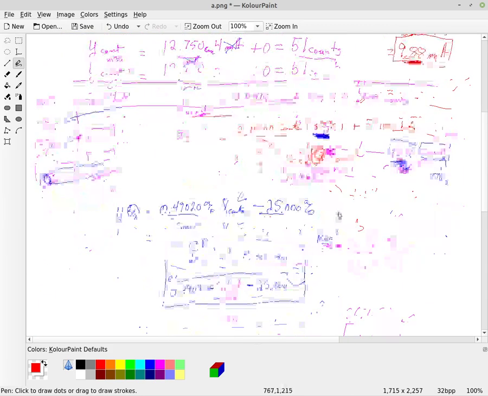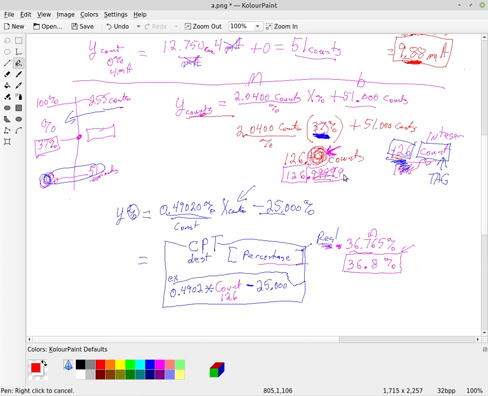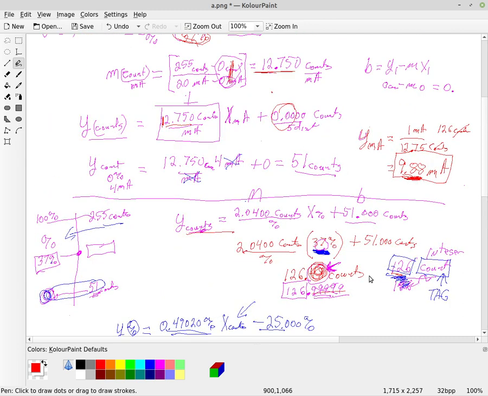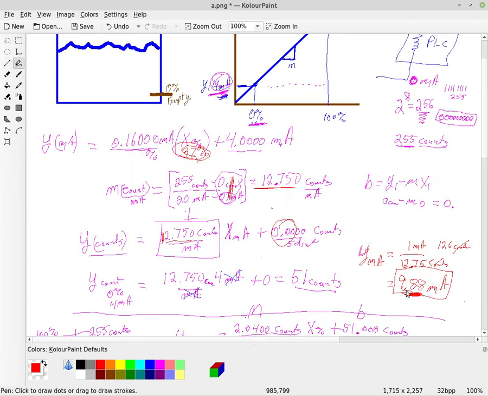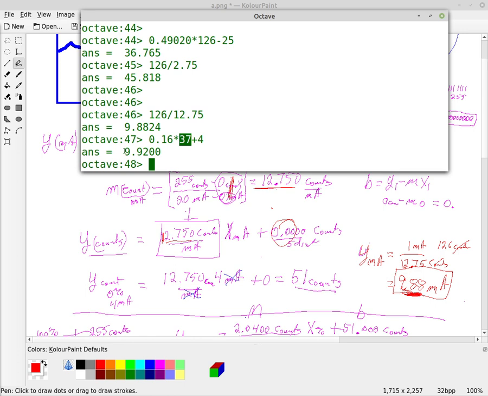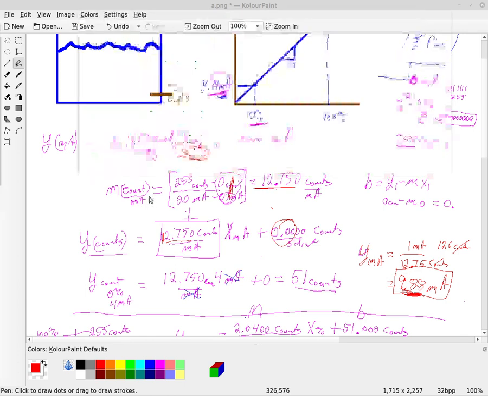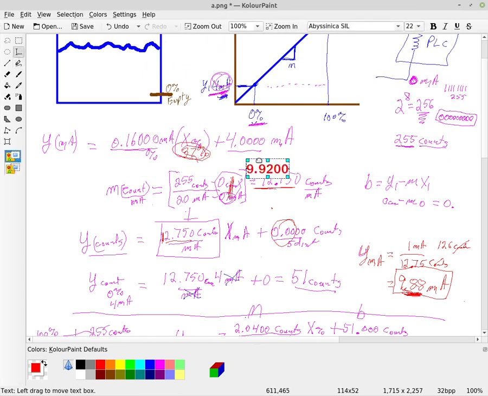Because our analog to digital did not round up, we're actually only getting a reading of 36.8% instead of the full 37%. And that's the difference here between these calculations. So this one here was 9.92. At 37%, I came up with 9.92.